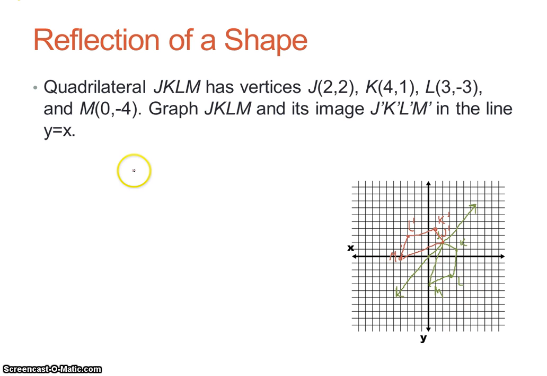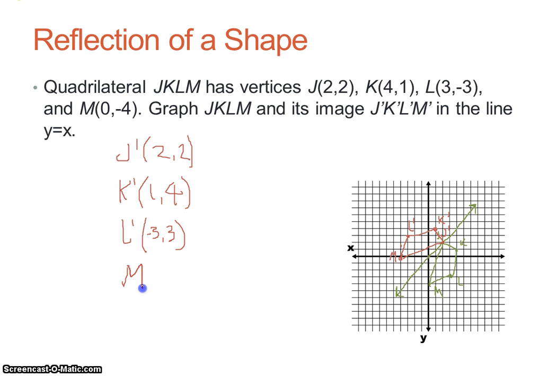So then our new vertices: J prime stays the same. K prime becomes 1, 4. L prime becomes -3, 3.